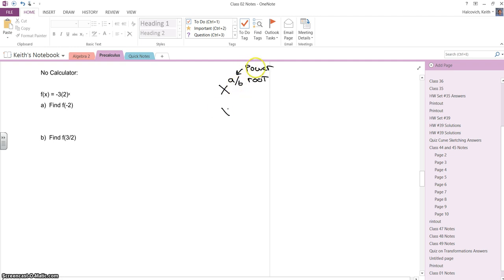So, for example, if I had x to the 3/2, that means it's the square root of x to the third. Well, when I do f of negative 2, I get negative 3 times 2 to the negative second. 2 to the negative second is 1/4, so that's equal to negative 3/4.